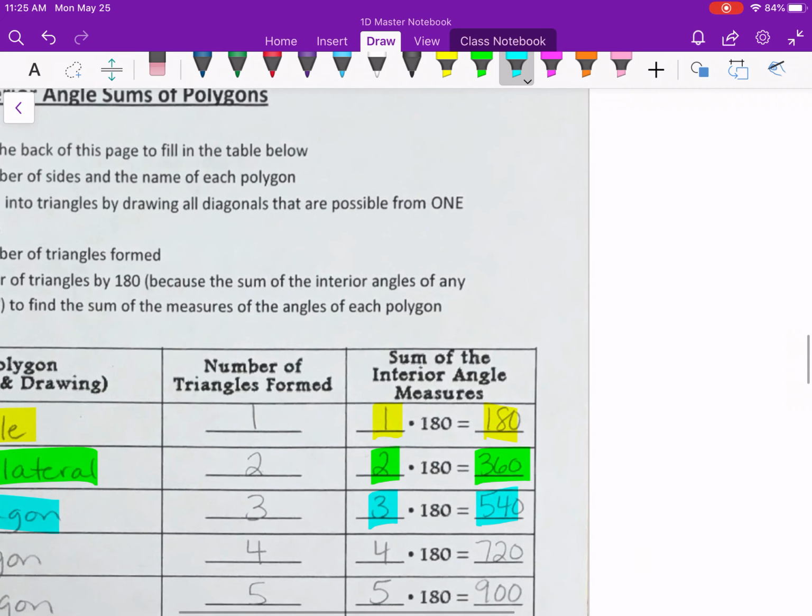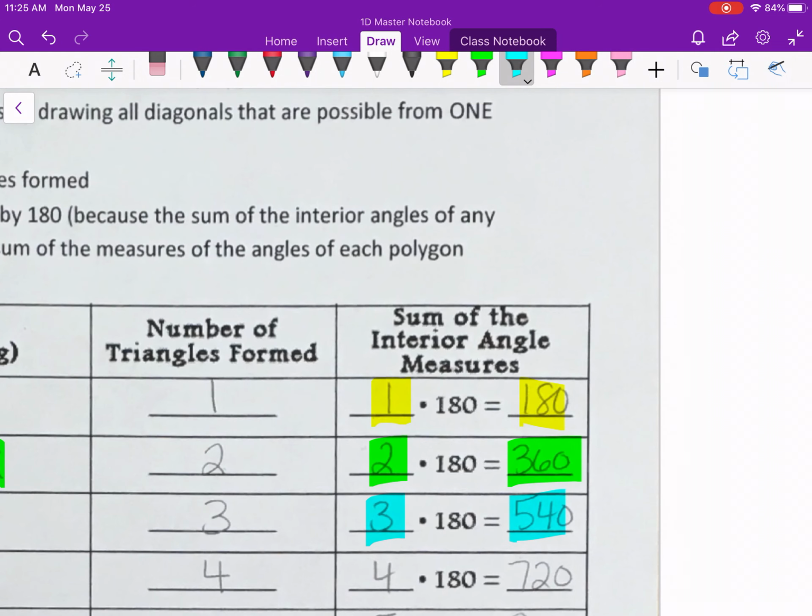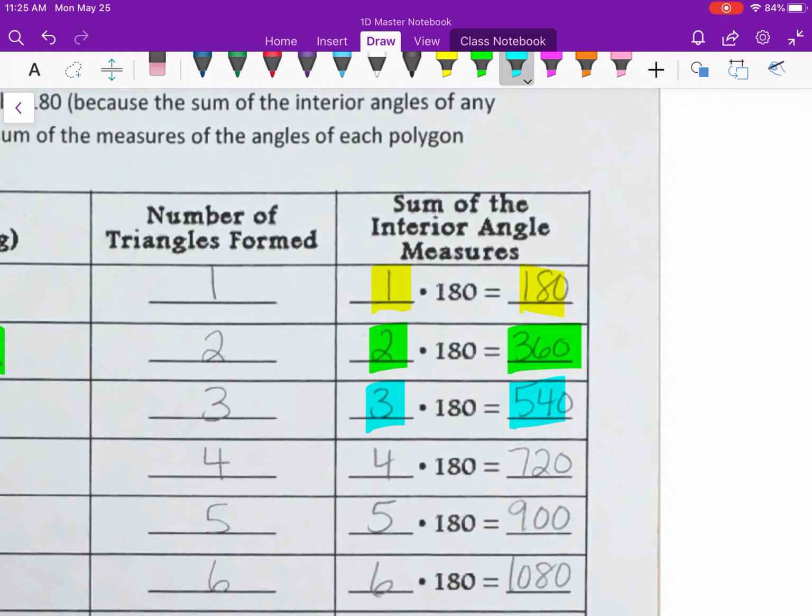So a triangle has 180 degrees total sum inside it. We already saw that, the angle sum theorem at the beginning of this lesson. You've known for a long time that a quadrilateral, a rectangle, a square, has 360 degrees in it. But here's one way of explaining it. It's made up of two triangles. You may or may not have known that a pentagon's 540 degrees, and we can explain it because it's got three triangles in it.